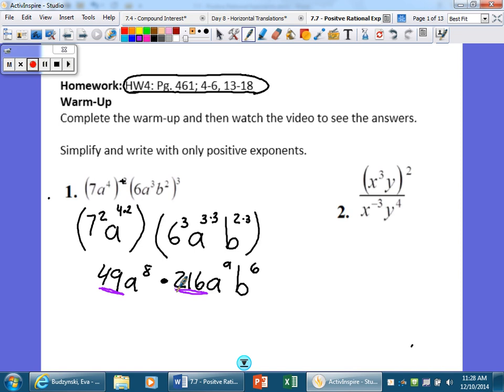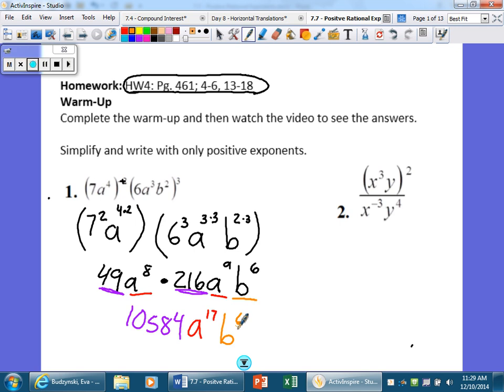When I multiply those, I get 10,584. And then I can combine the a's, a to the 8th and a to the 9th. Now when they're being multiplied like this, you add the exponents. So we get a to the 17th. And then the last one is just the b. There's nothing to combine with it, so we just rewrite it. So that is your final answer there.